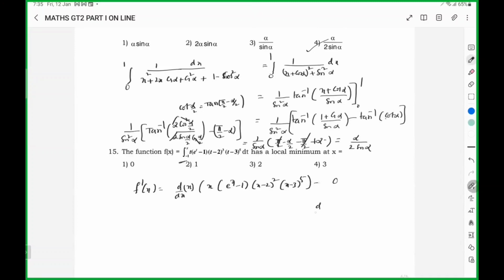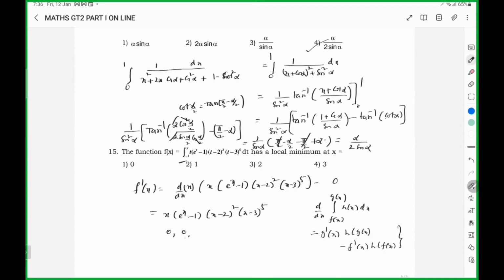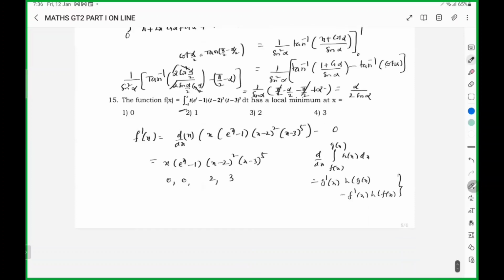Here I'll write the formula: integral of h of x dx from f x to g x, g dash x h of g x minus f dash x h of f of x. And derivative of x1, so the critical points x e power x1 means x is 0, 2 and 3. These are critical points for us.